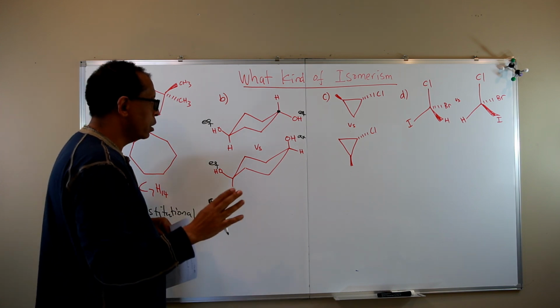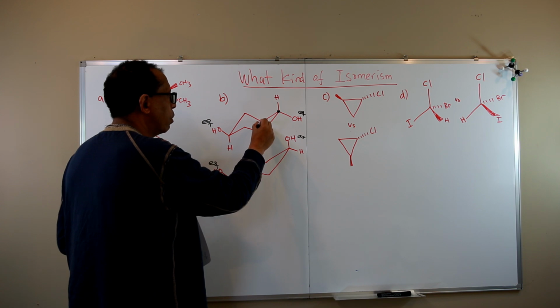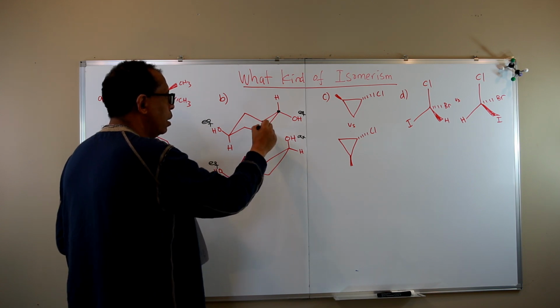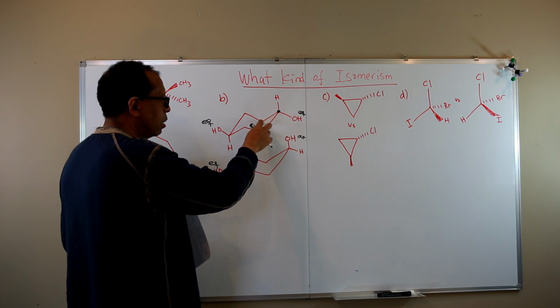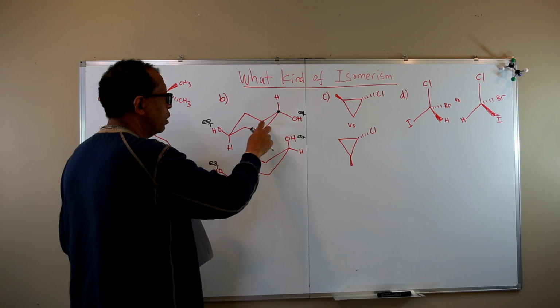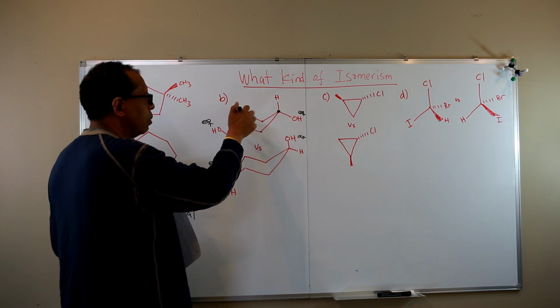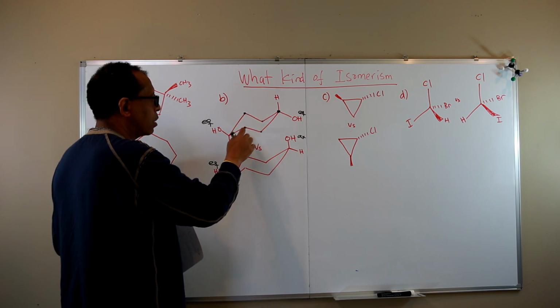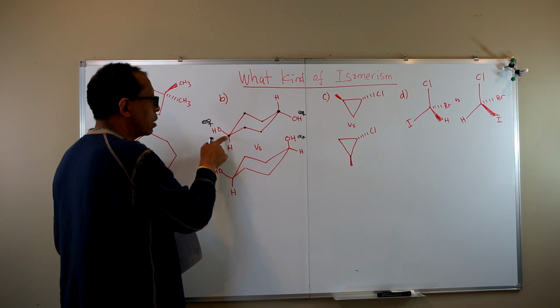The reason being it has the same substituent, and these substituents are the same. At least this far out, this and this are different, but this and this are the same. If you just continue looking, this and this are the same, and they both share this carbon.